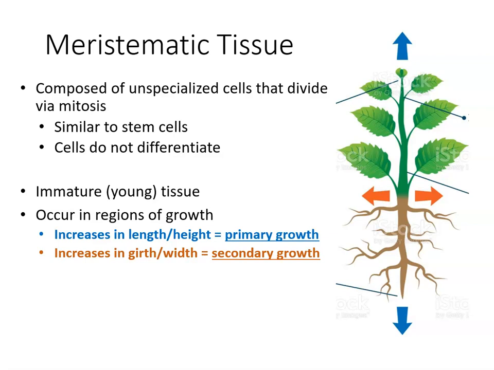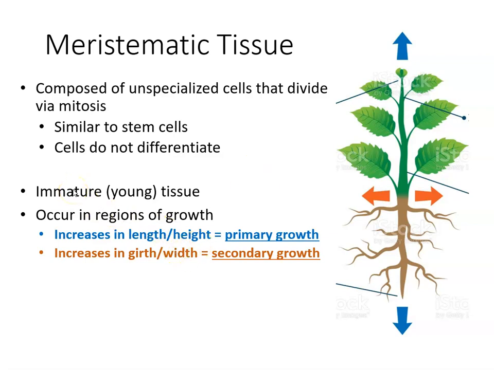So this is the tissue that hasn't yet differentiated to become specialized. The cells that make up meristematic tissue continue to make copies of themselves via mitosis to make more of those undifferentiated cells.